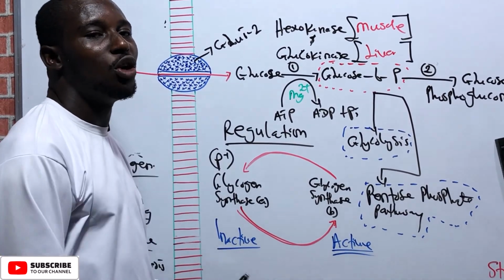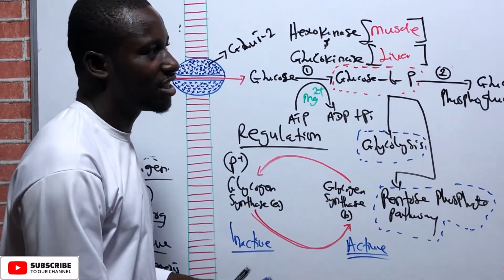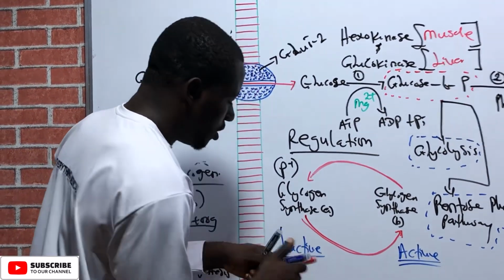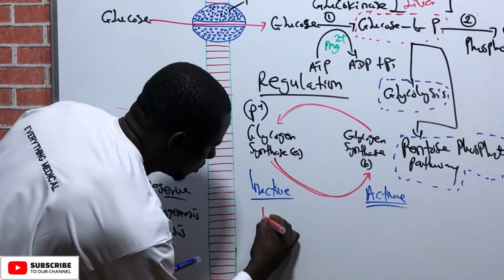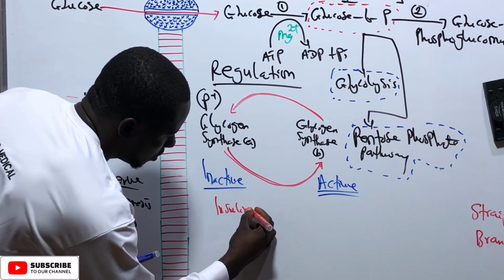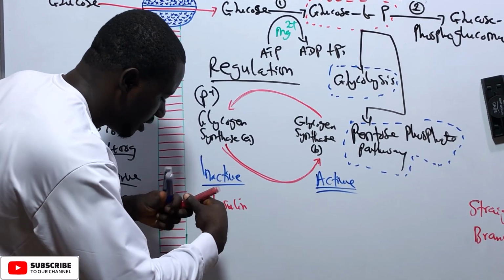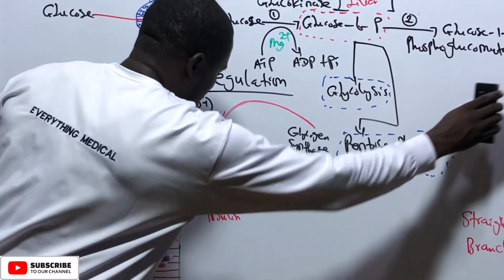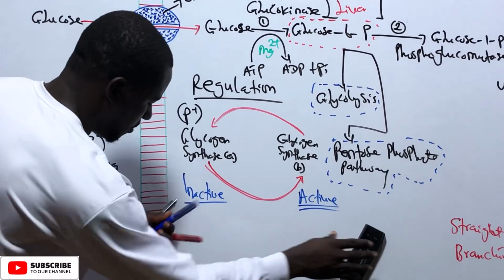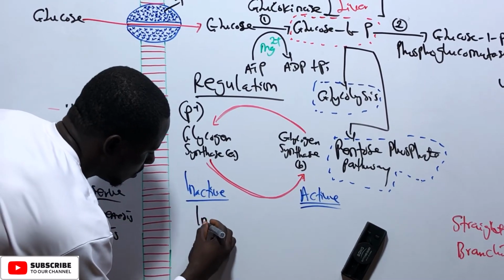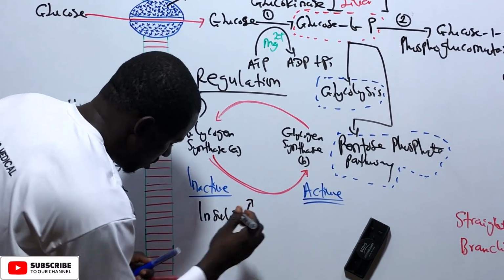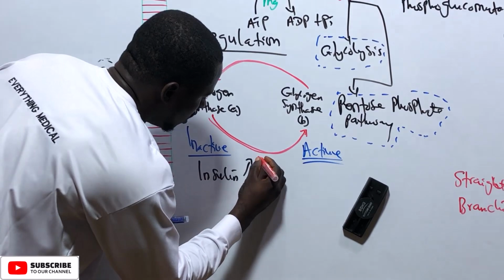There is storage of glycogen by a process called glycogenesis. Insulin favors it, so we put our plus sign. Insulin favors it, so it is plus.